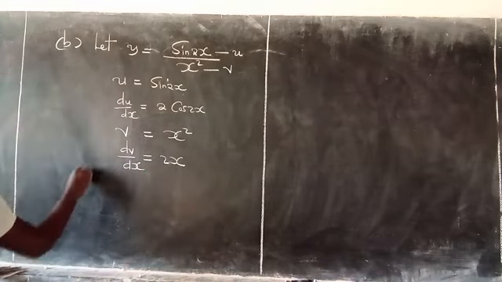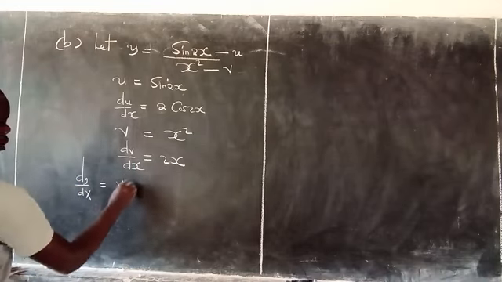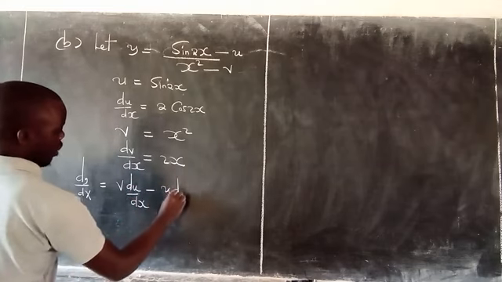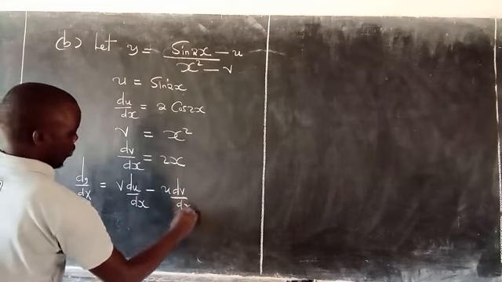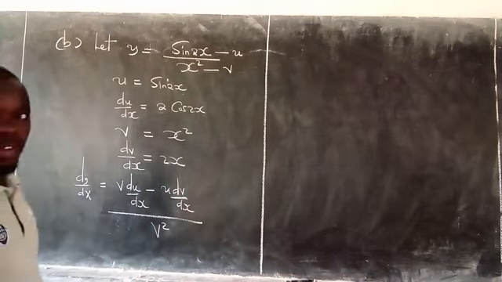Then we bring in the formula for quotient rule, saying dy/dx is equal to v du/dx minus u dv/dx, divided by v squared.